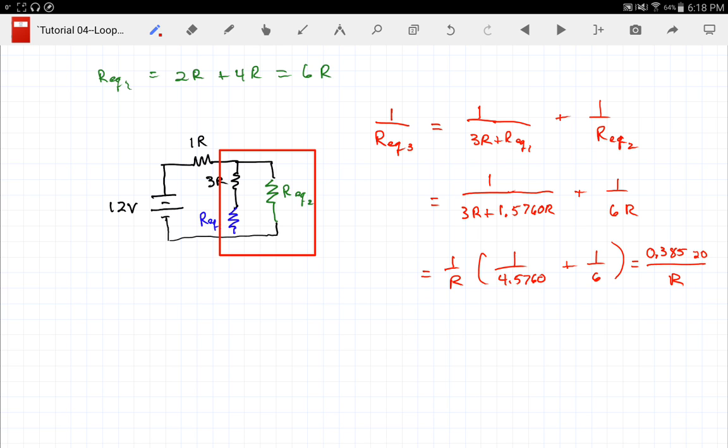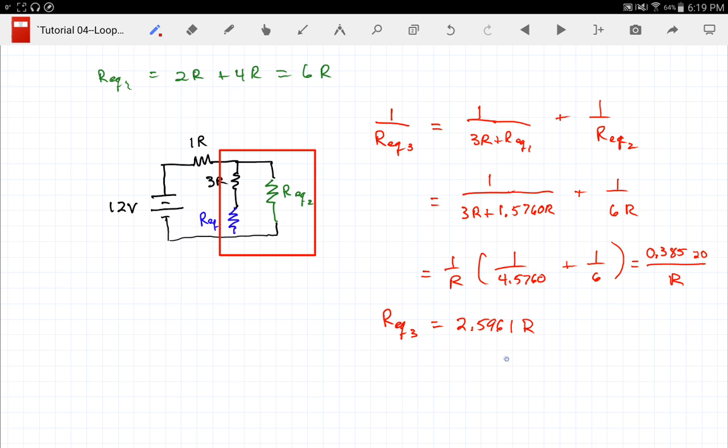So 1 over R equivalent 3 is 0.38520 divided by R. Well, take the inverse of that, and I have R equivalent 3 is equal to 2.5961R.